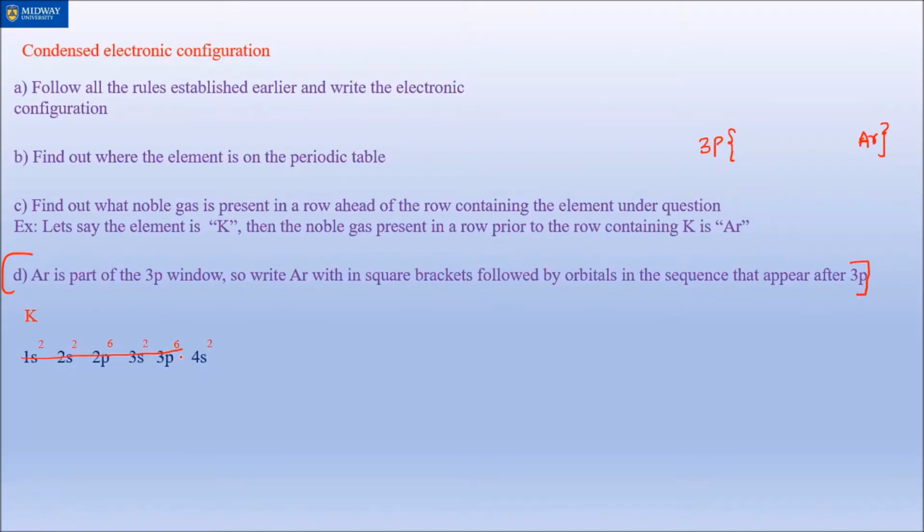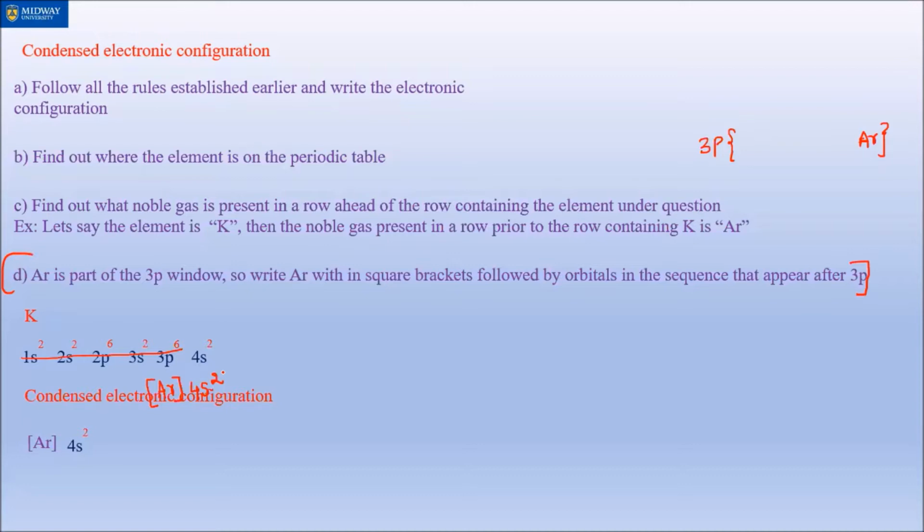Once you identify argon is part of the 3p band, you can start striking off up until 3p and write Ar in square brackets and then write whatever's left. In this case, it's 4s2. In some other case, it could be something else. You can see I have the correct condensed electronic configuration, which is [Ar]4s2.